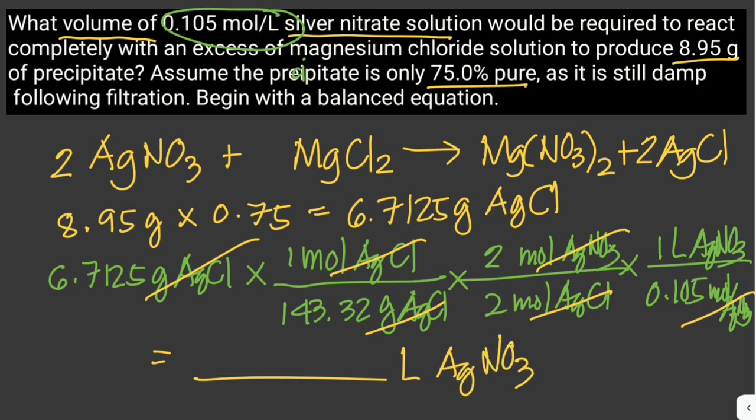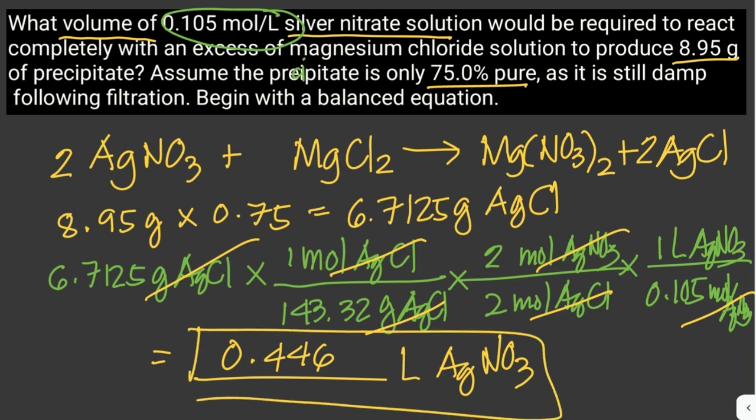This would give us a value equal to 0.446 liter of silver nitrate. So this is the volume of a 0.105 molar silver nitrate solution that would be required to react with magnesium chloride solution to produce 8.95 grams of precipitate, which is 75% pure.